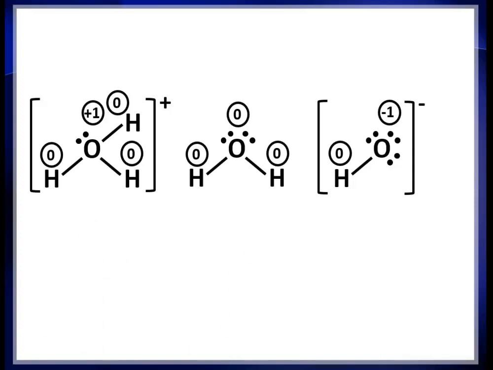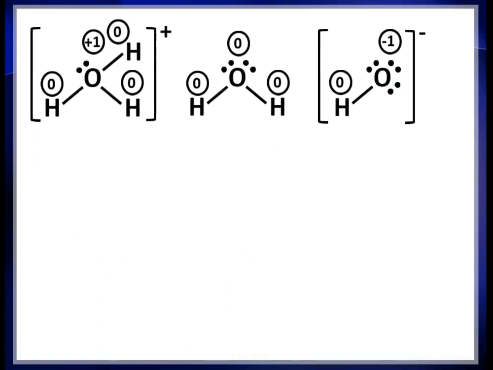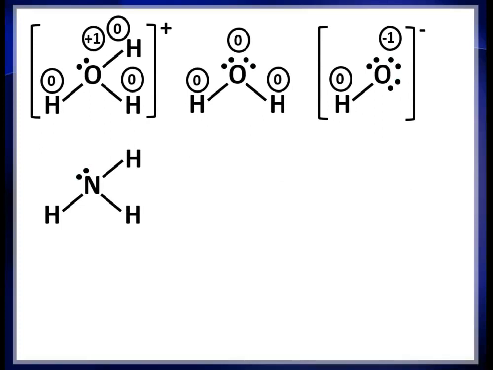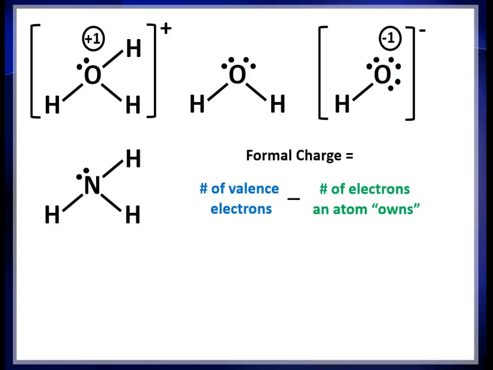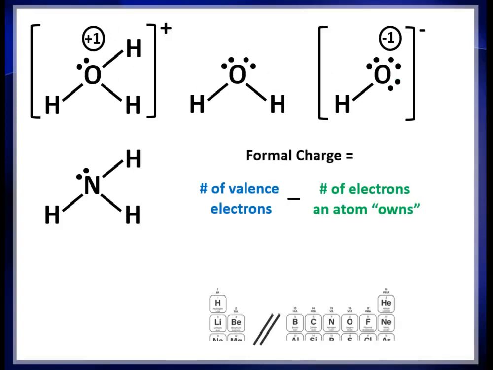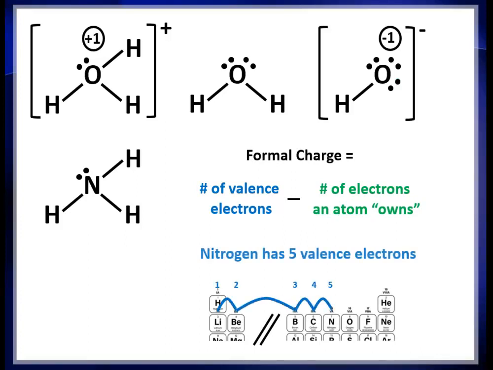Now let's inspect a molecule that has an element other than oxygen, like ammonia, NH3. First, we don't usually bother writing the formal charges on neutral atoms, so we know all those hydrogens are good to go. But what about the central nitrogen atom? Well, unlike oxygen, nitrogen only ever has 5 valence electrons in its isolated neutral form.